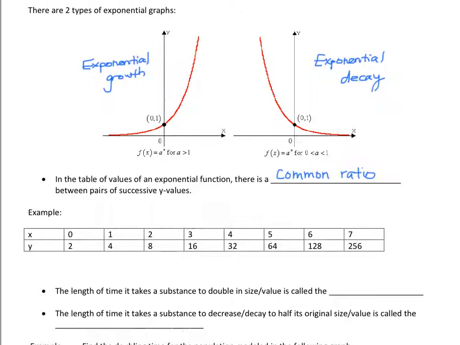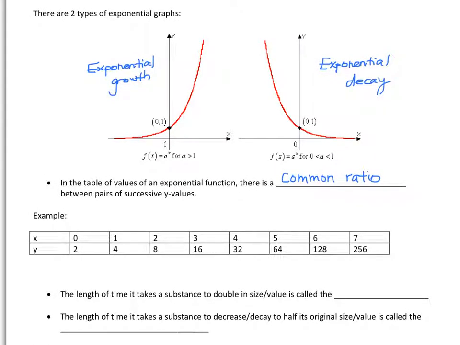What that means is there's no particular pattern in the first or second differences for exponential functions, but there is a different type of pattern. That is, there's no adding or subtracting pattern, I guess we should say, for the y values. But the pattern is that we are always multiplying by the same value.